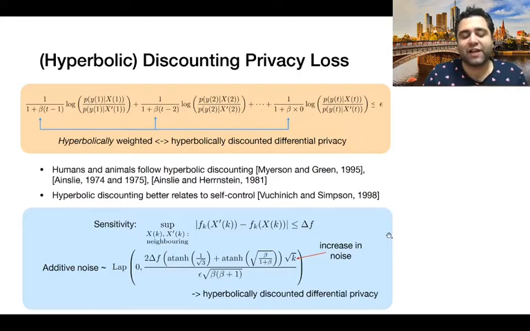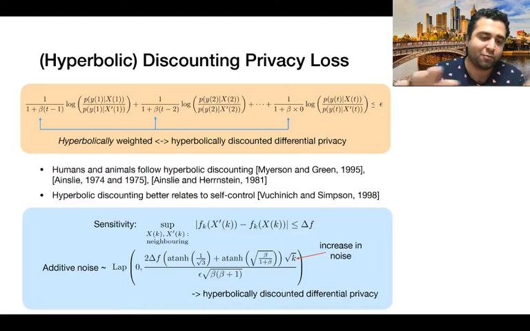Now again, you can show that Laplace noise would be able to ensure hyperbolically discounted differential privacy, while there is a caveat here, that the amount of the noise would have to be increased with time. So the more that you report and you go forward, you have to increase the amount of the noise, which is not something good. And in fact, this scale that we have observed here is the square root of the number of reports so far, which is quite high. But at the same time, we got to note that we are not saying this is an optimal mechanism.